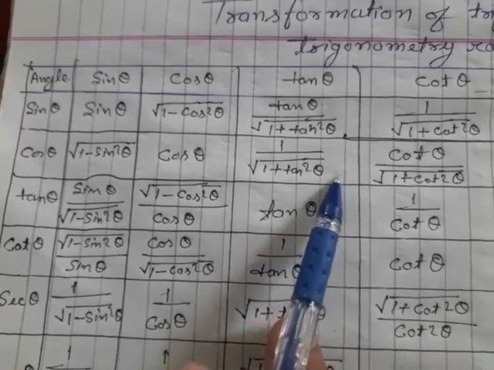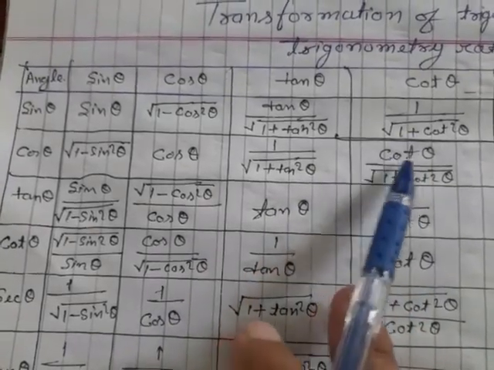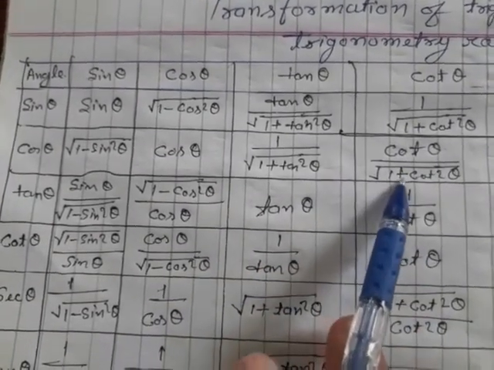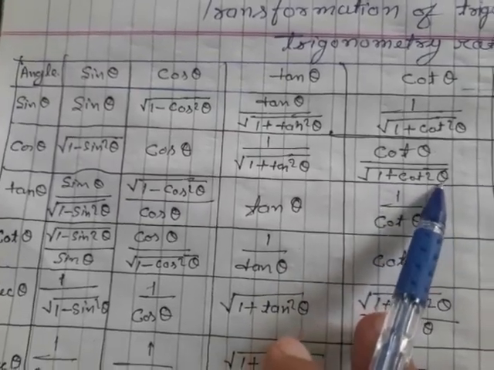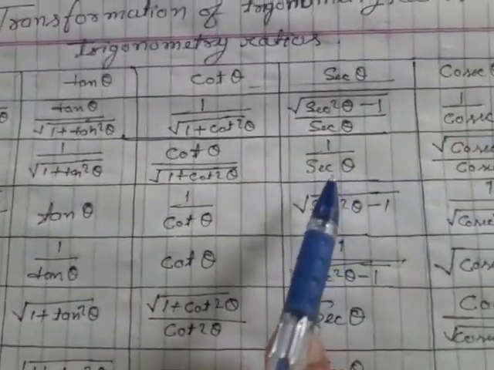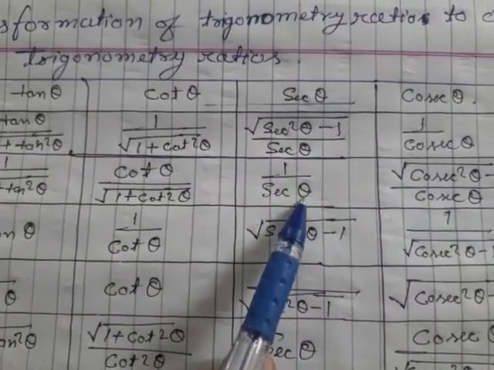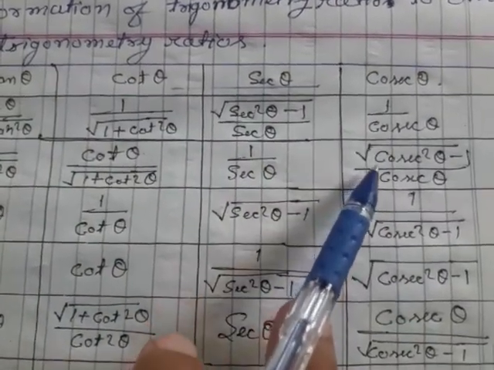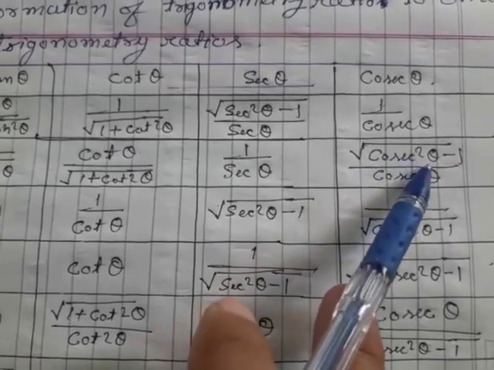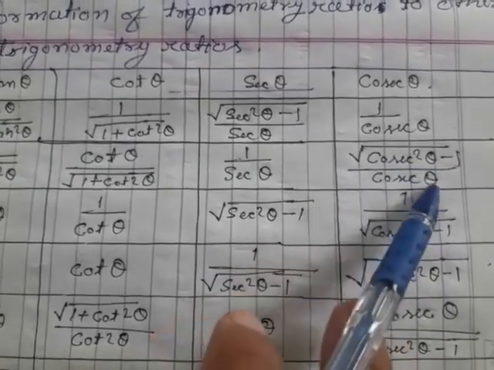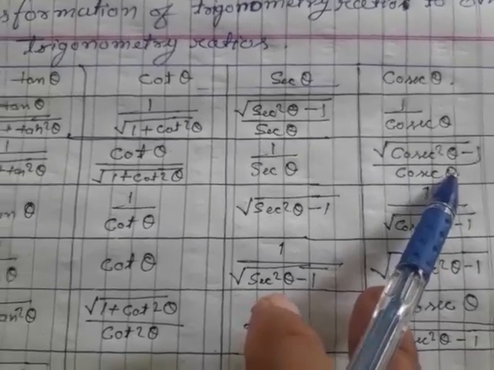Clear? Cos theta in the form of cot theta: cot theta upon under root 1 plus cot square theta. Clear? And cos theta in the form of sec theta: 1 upon sec theta, and in the form of cosec theta: under root cosec square theta minus 1 upon cosec theta. Clear?